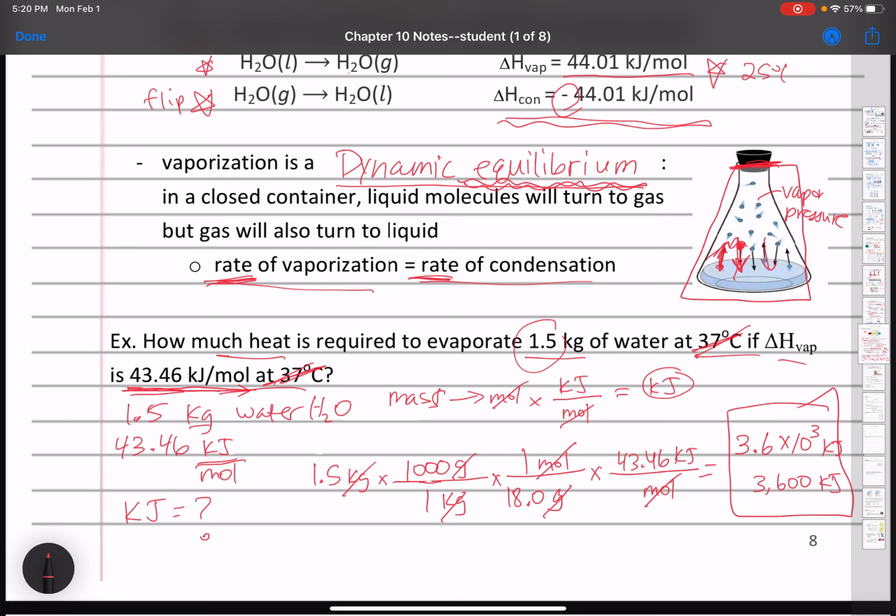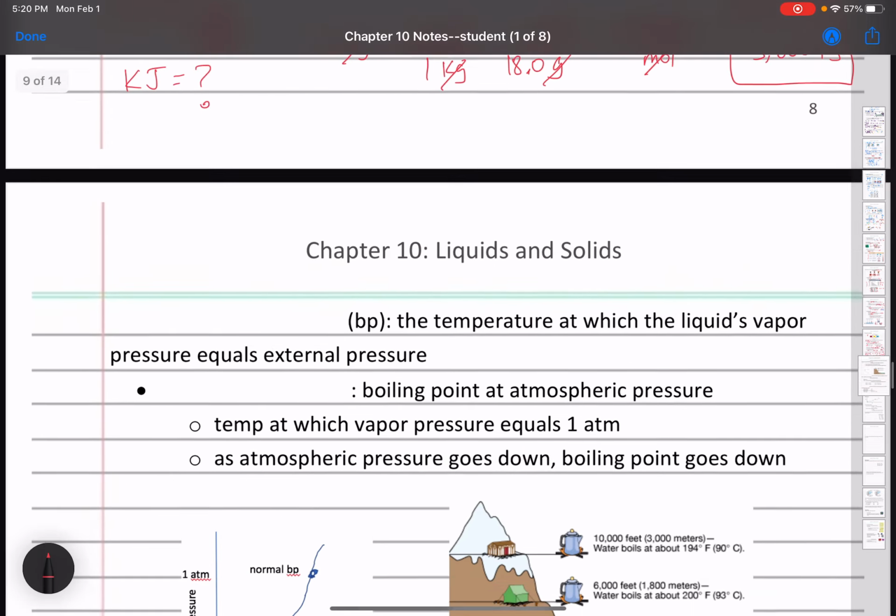Never forget your units. Okay, so if you have a mass or number of moles of a substance and you know its heat of vaporization, you can figure out how much energy is required.